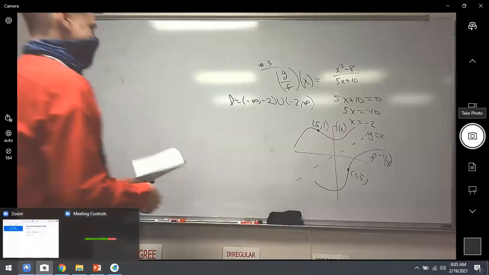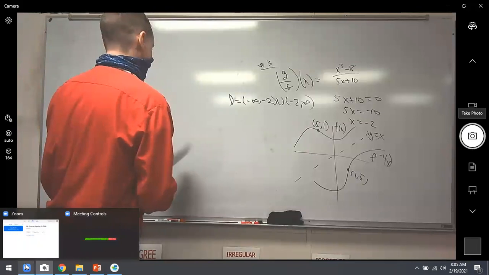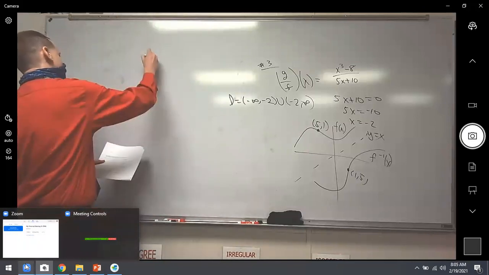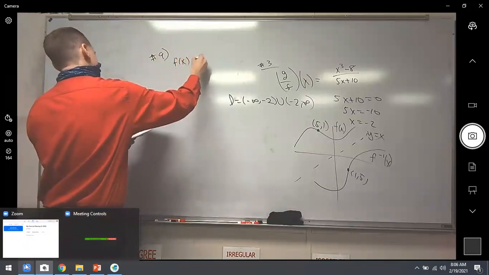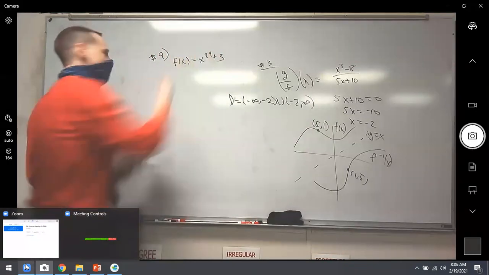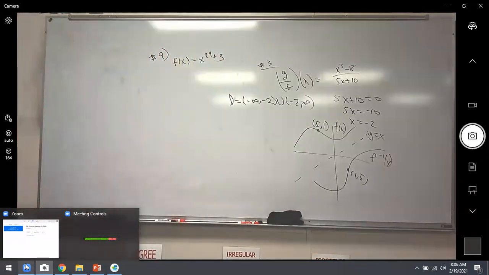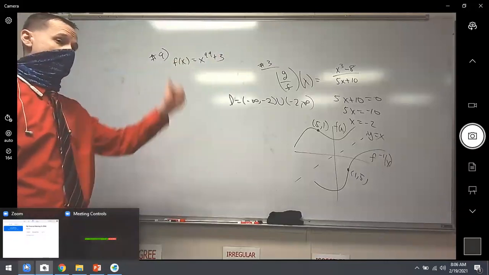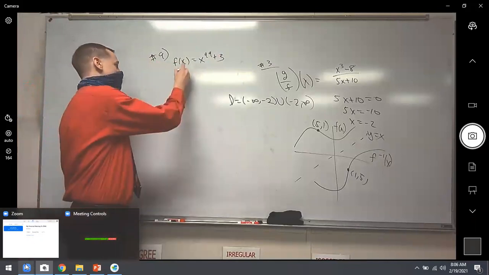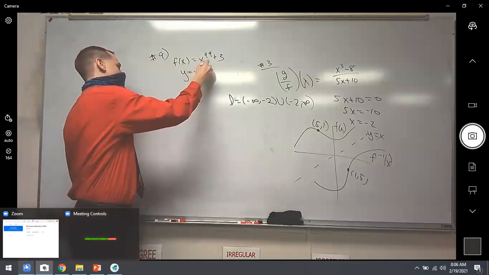So we have x to the 99th, a little bit intimidating. Ooh. So this function is x to the 99th plus 3. Well, it doesn't really matter what power I give you. The process is the same to find an inverse. Your steps are call f of x y.